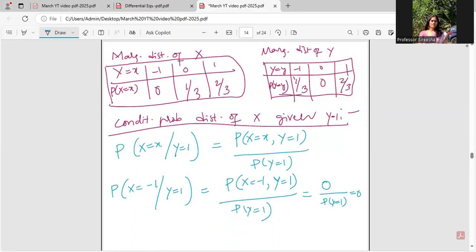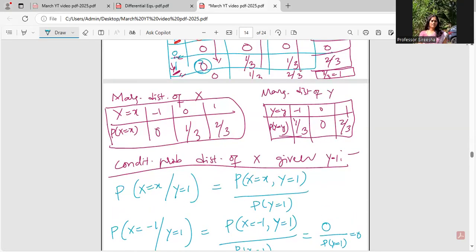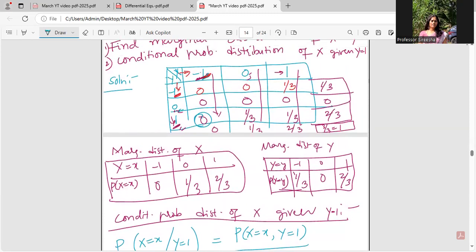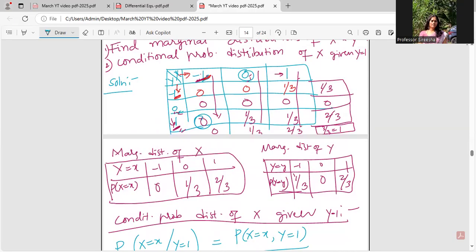Come to the next one. P of X equal to 0 given Y equal to 1. If you know the notation, my job is done. P of X equal to 0 and Y equal to 1 is 1/3.